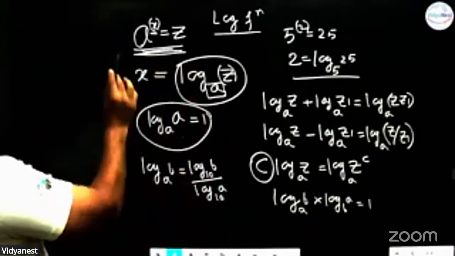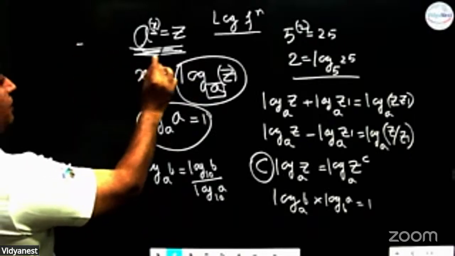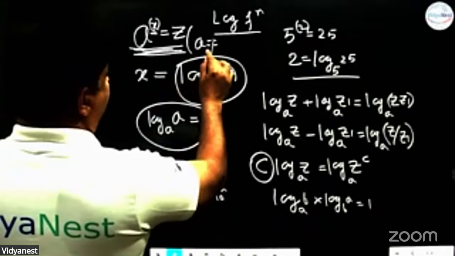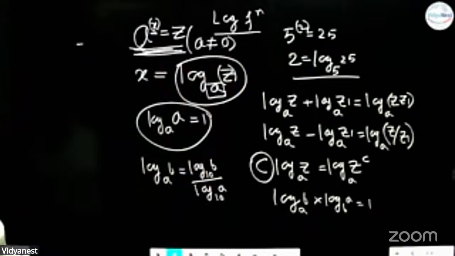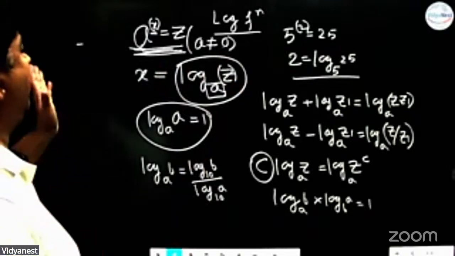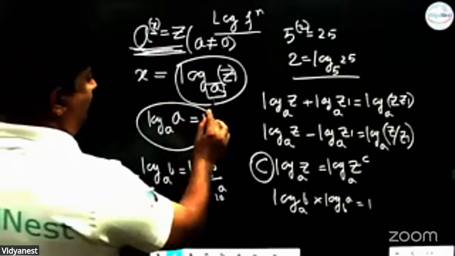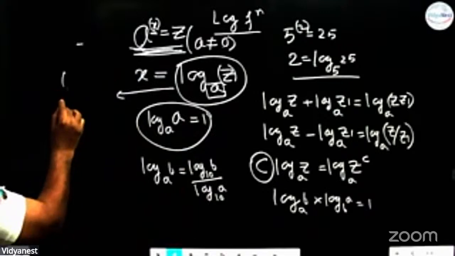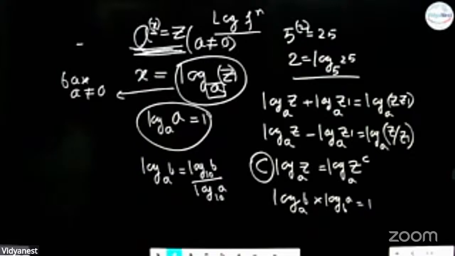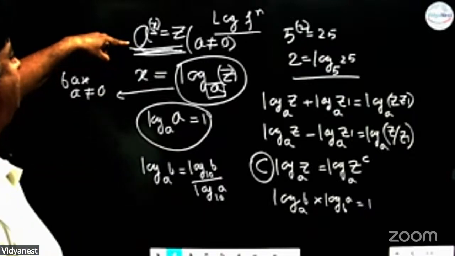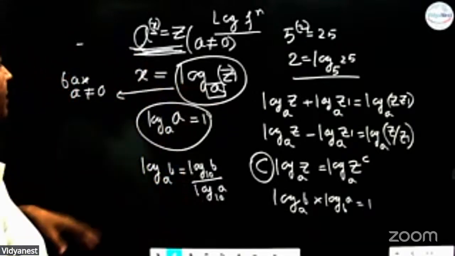Suppose instead of a you are putting 0; in your junior class you are taught this a cannot be 0. 0 to the power x will not be defined in this way. So base in log, base a cannot be 0.